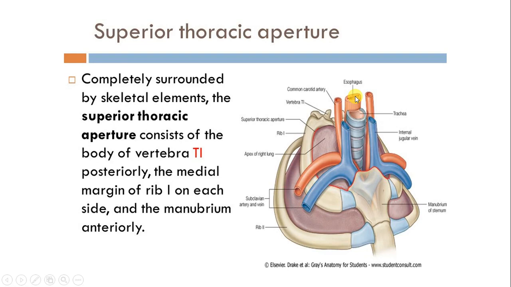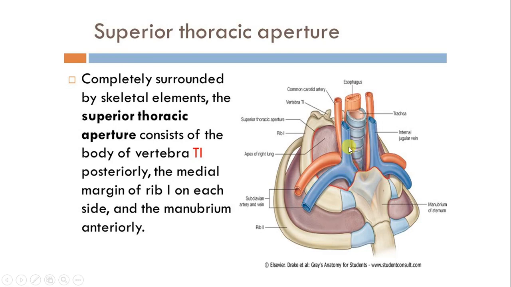Structures from the thorax, the vessels, come out and pass to the head and upper limb, and certain structures from the neck region, that are the trachea, esophagus, along with the nerves, the sympathetic part, enter into the thorax. That's why it's called the superior thoracic aperture.